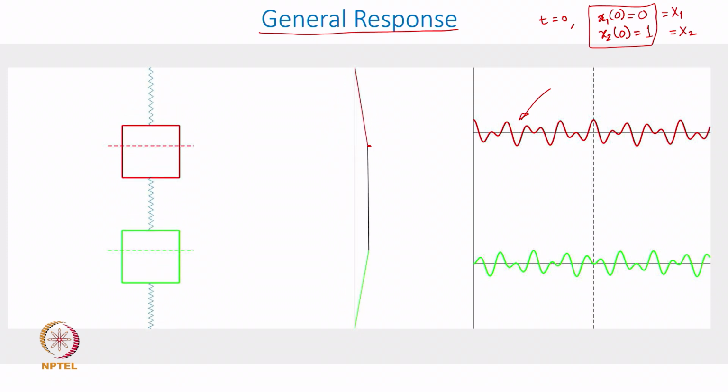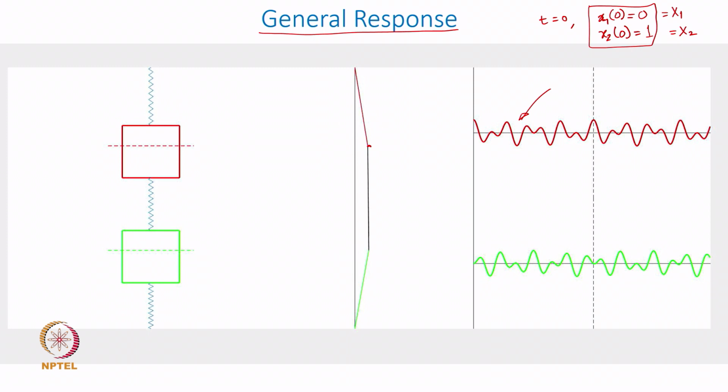And it is very interesting and important for us to understand that if you want to excite a vibratory system into one of its natural frequencies, then the initial disturbance to it should conform to the mode shape corresponding to the frequency in which you want it to vibrate, okay.